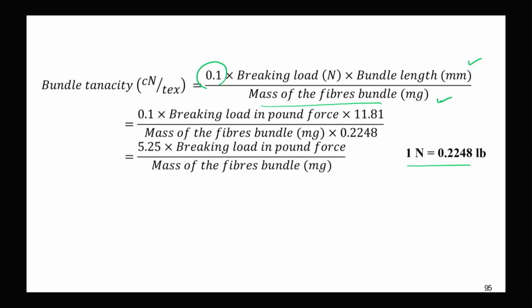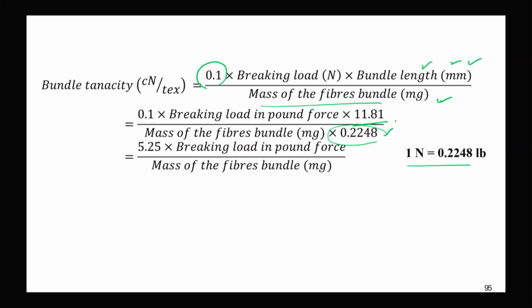Now you can see here, this is the relationship we can get, and 0.1 breaking load in pound divided by 0.2248, bundle length is given 11.8, we know bundle strength. And mass of the fiber bundle in milligram.